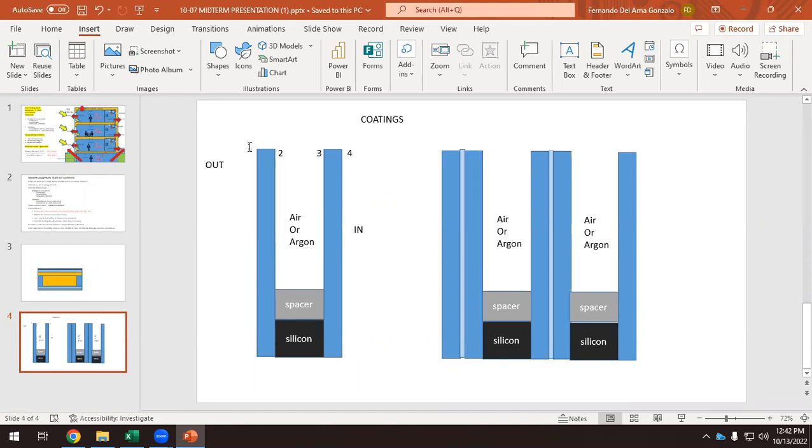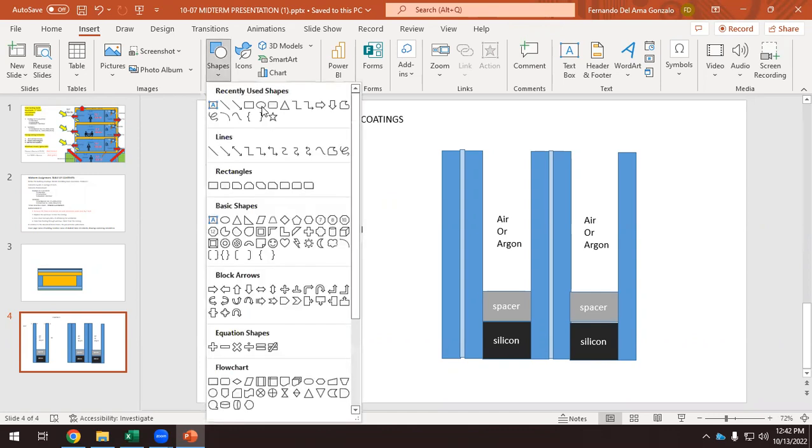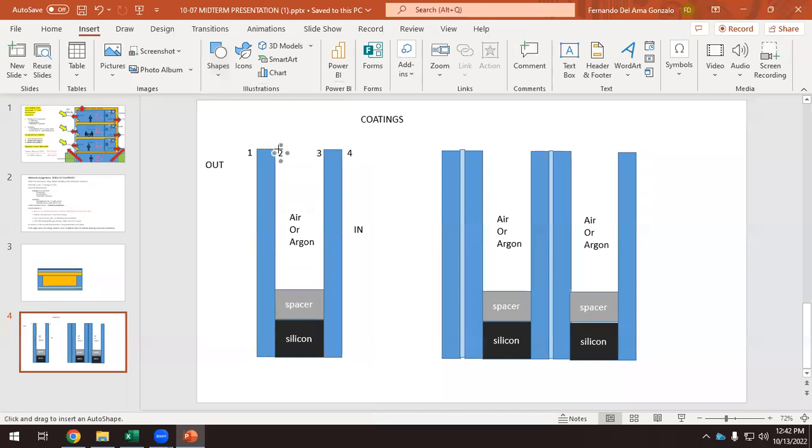So if you go to a site and you hear the glass providers or manufacturers ask, where do you want the coating? Layer 1, layer 2. That's what they mean. And it matters. Those coatings are extremely thin layers.